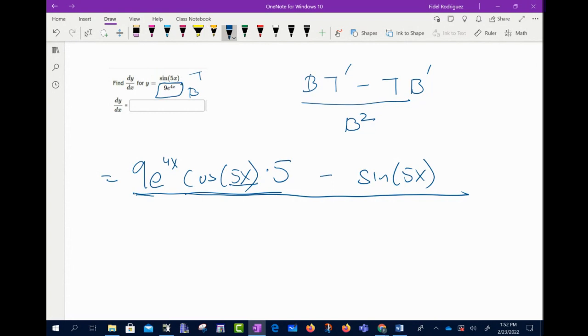times the derivative of the bottom. So look, y'all, the derivative of 9e to the 4x is going to be 9e to the 4x times the derivative of whatever the exponent is. What's the derivative of 4x? There you go. Okay, all over the bottom function being squared. So look, we're going to have 9e to the 4x all being squared.